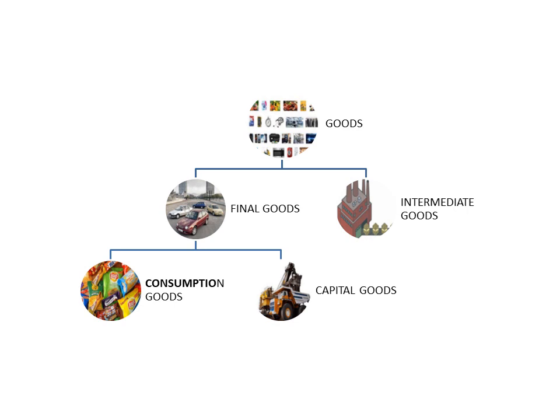Then intermediate goods are goods which we purchase to resell or use as raw material. I have given the example. Suppose sugar is bought by the bakery shop, that will be an intermediate good. And if the sugar is bought by the household, then it is a final good and it comes under consumption goods.